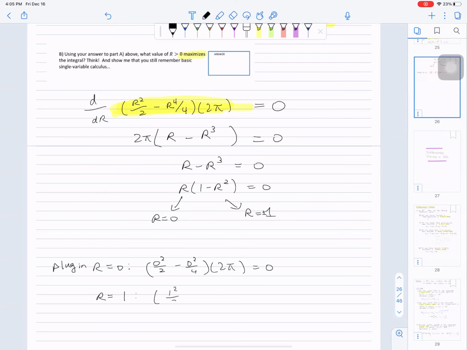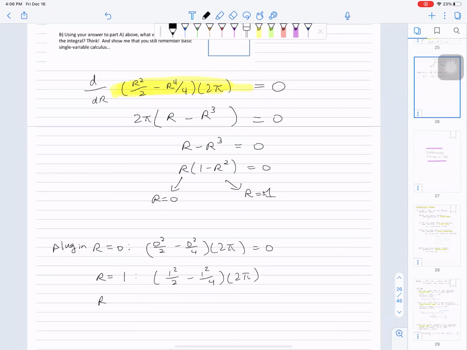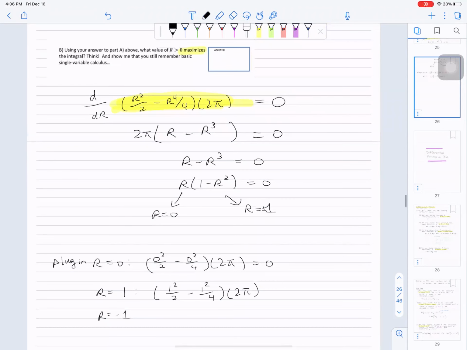I get 1 squared over 2 minus 1 to the fourth over 4, times 2 pi. What happens if I plug in negative 1? We don't have to, because they say what value of r greater than 0. So I can just look at 0 and 1 and I see plugging in 1 does give me a bigger value than 0. So r equals 1 maximizes my integral.